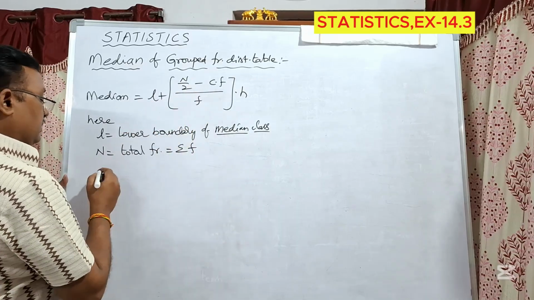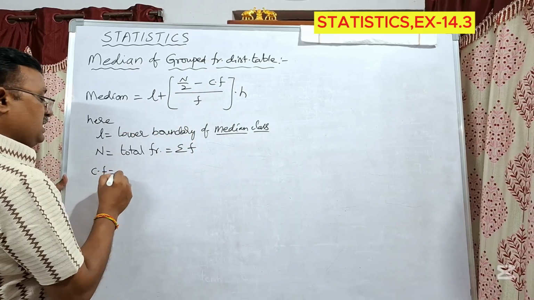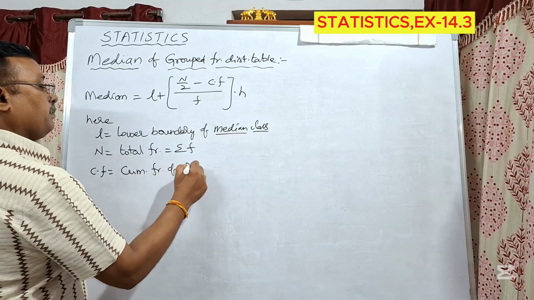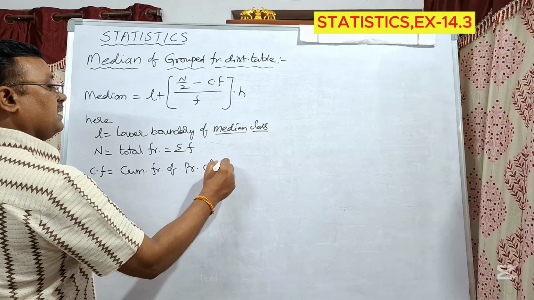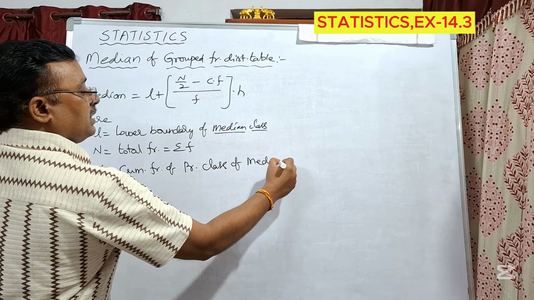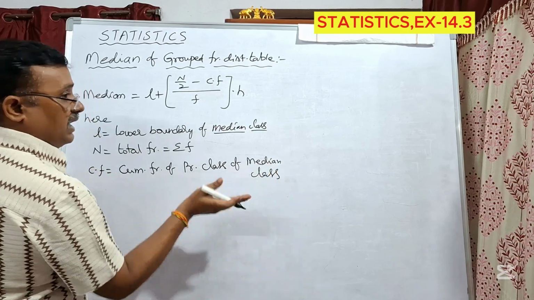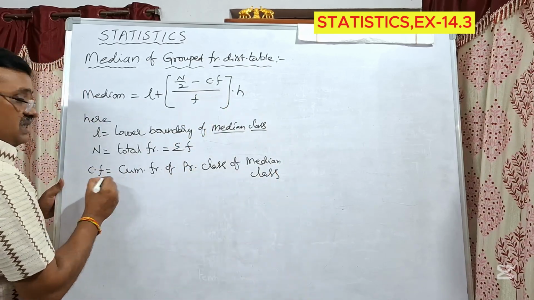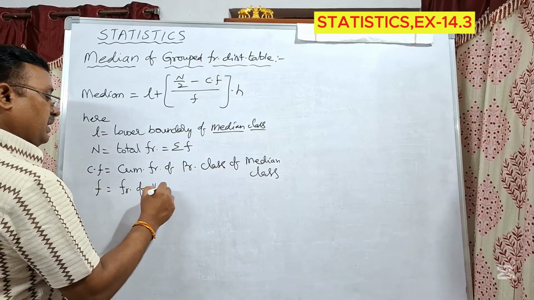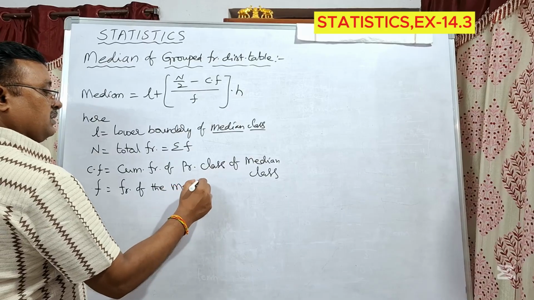Next value, CF. CF means cumulative frequency of the preceding class of the median class. Understood? Preceding class cumulative frequency is CF. F means frequency of the median class.